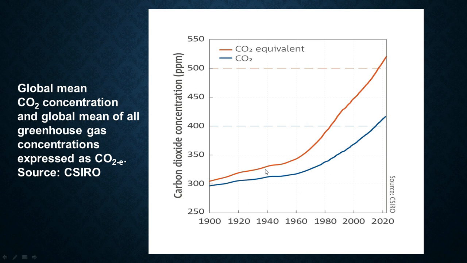And as you can see, both of these are showing acceleration, exponentiation, but more so with the CO2 equivalent, and it's reaching about 520, 525 parts per million equivalent, which again is going to lead to more warming.